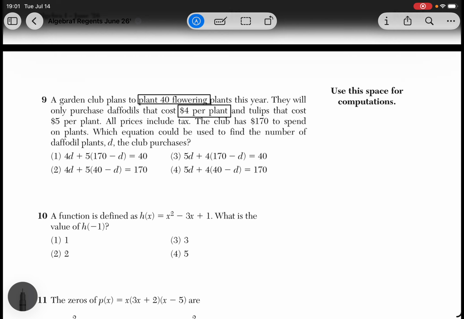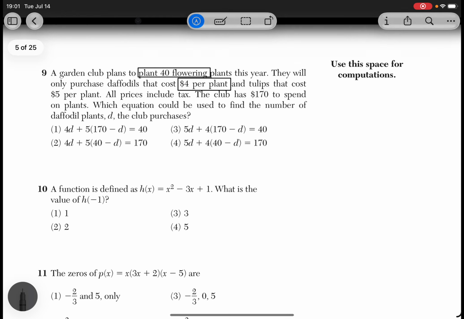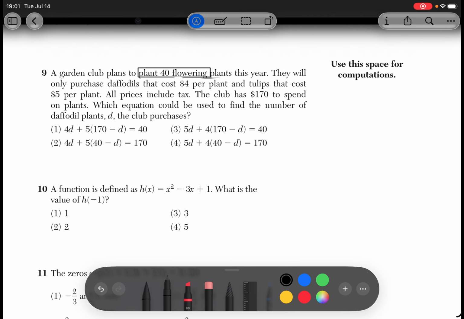And then the tulips cost $5 per plant. So daffodils is $4. Let me put these in different colors actually. Daffodils is $4. And then the tulips are $5. So daffodils I'm going to do in green, and our tulips in red.